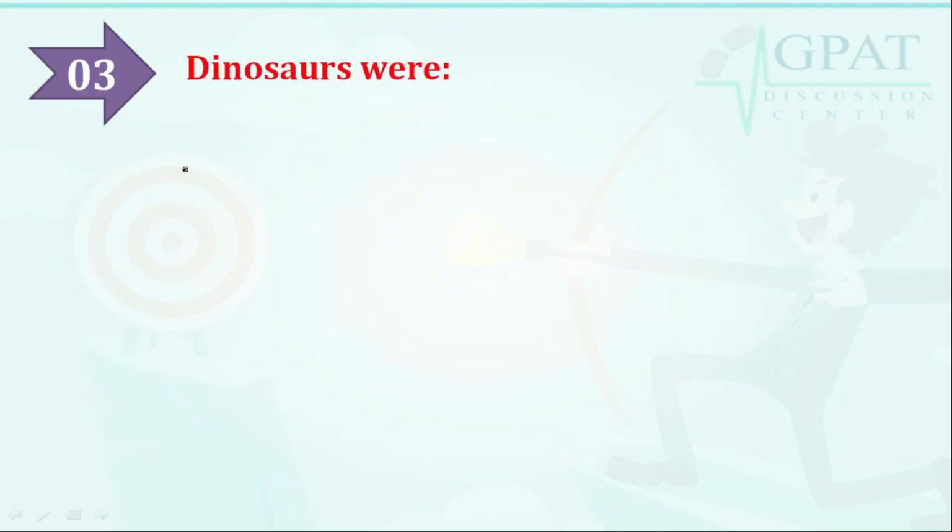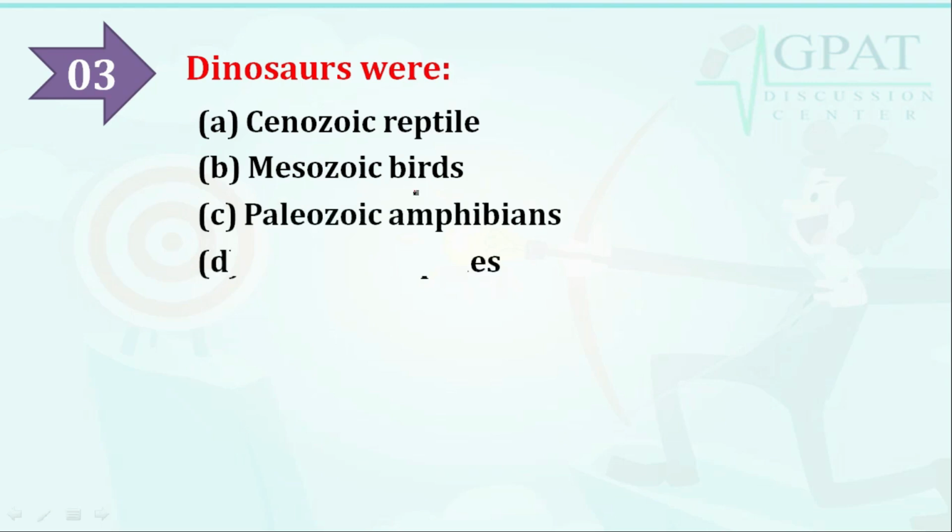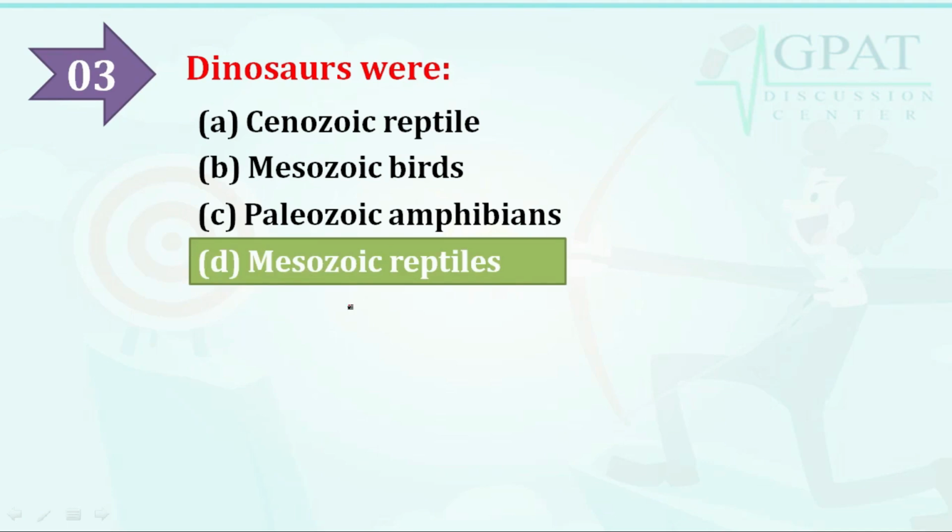So the next question is: dinosaurs were. Options are: option A Cenozoic reptiles, option B Mesozoic birds, option C Paleozoic amphibians, option D Mesozoic reptiles. So dinosaurs were Mesozoic reptiles.